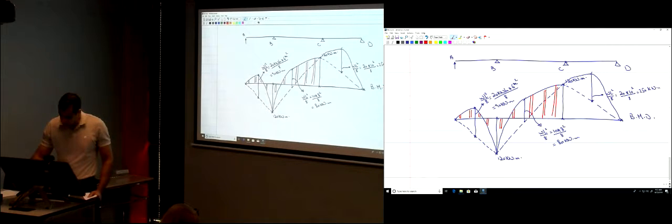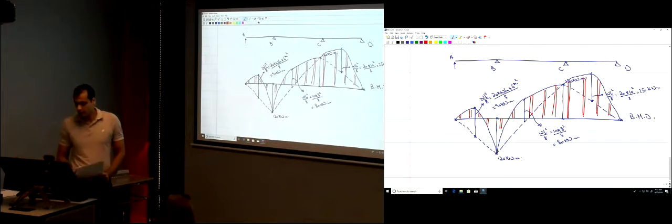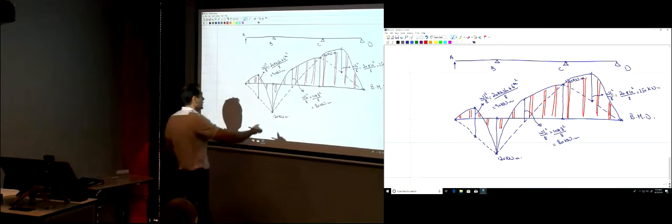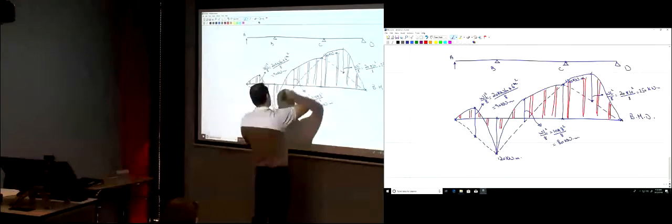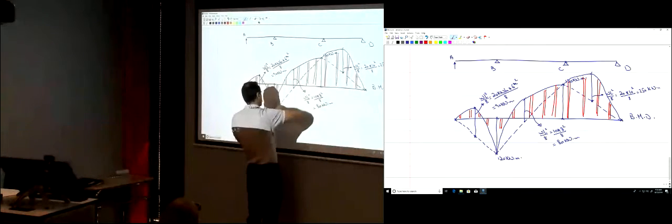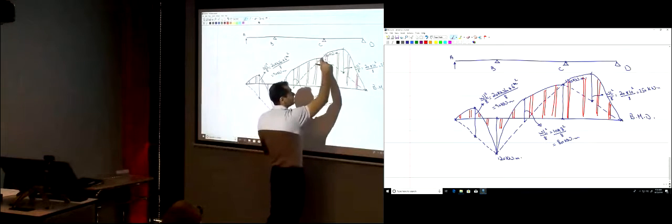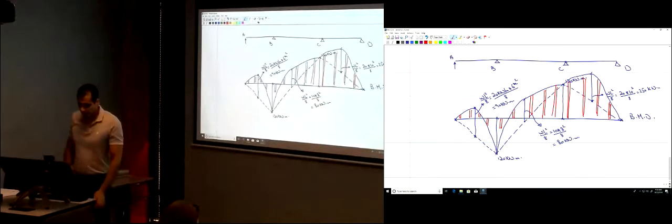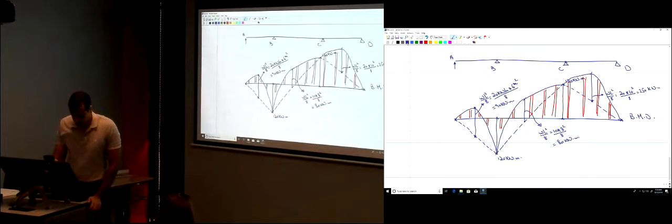Those dotted lines are just lines, okay, where you add the parabola to it, okay? So it has nothing to do with the real bending moment, okay? Those dotted lines, it's just a reference line. You have this line, and then you're adding on top of it this parabola. That starts from here to here. Here you have this line, you're adding this parabola to it, okay? So this is the bending moment diagram for this problem.